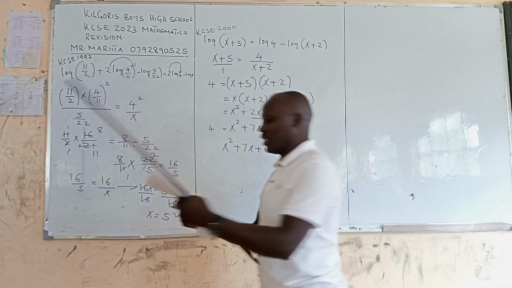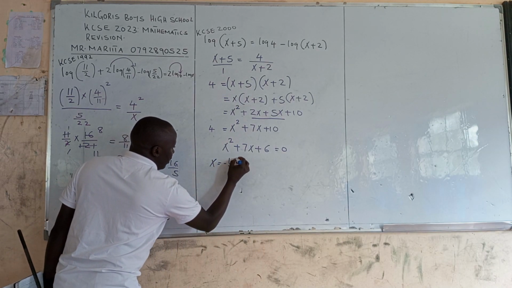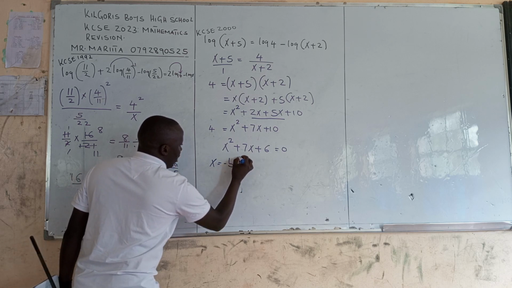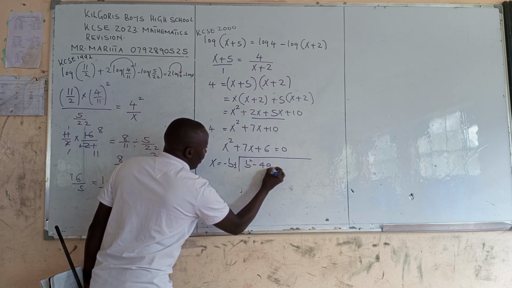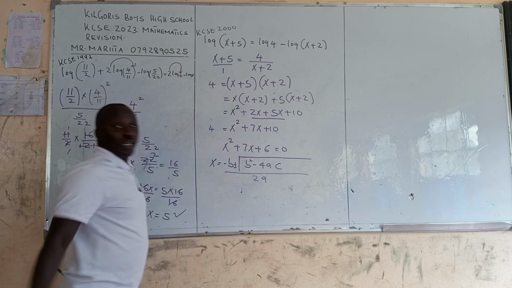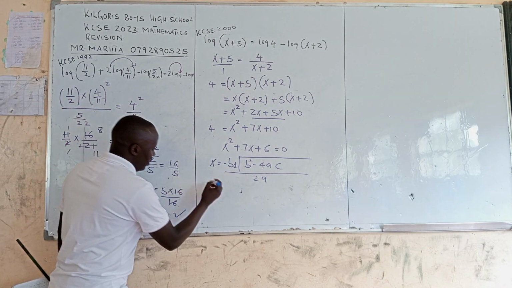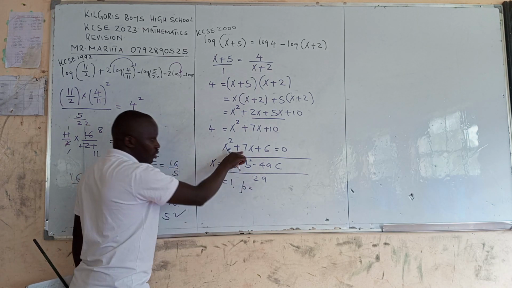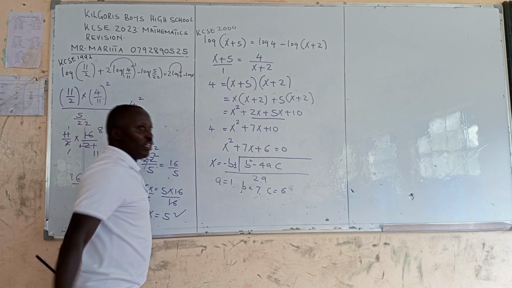So x will be equivalent to negative p plus or minus the square root of p squared minus 4ac, and everything here you divide by 2a. From this equation, the coefficient of x squared is 1, so a is equivalent to 1, p is the coefficient of x, which is 7, and c is equivalent to 6.